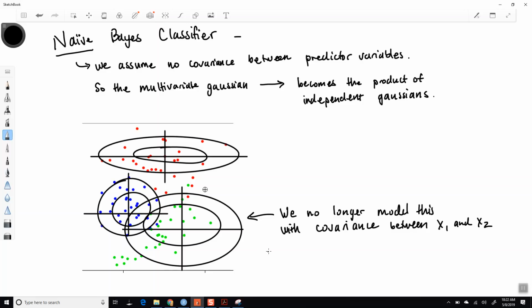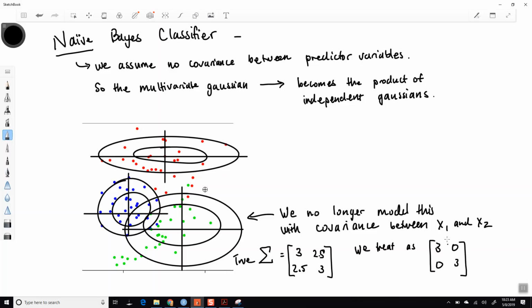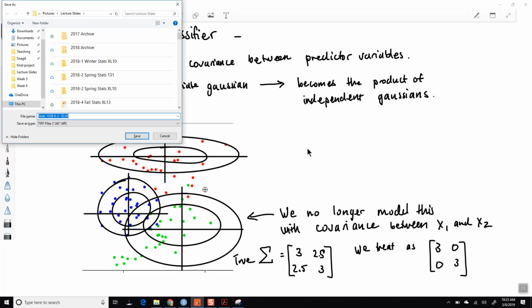The true sigma is probably something like 2.5, 2.5, and 3, and we just treat it as 3, 0, 0, and 3. And so the likelihoods end up being a little bit easier to calculate. Because each variable is independent, you just take the univariate distribution of each variable and get the product of them.